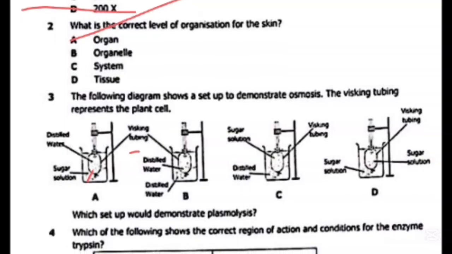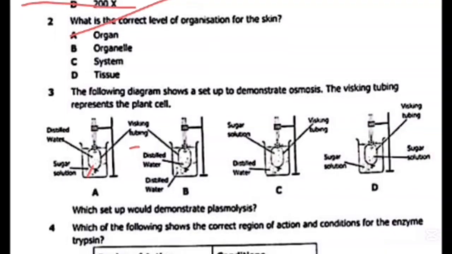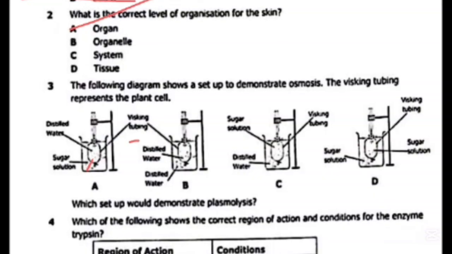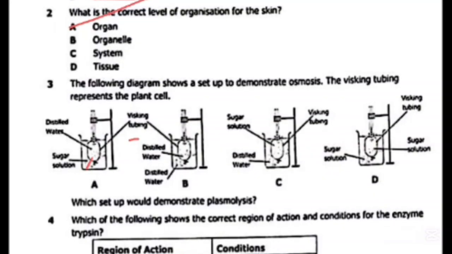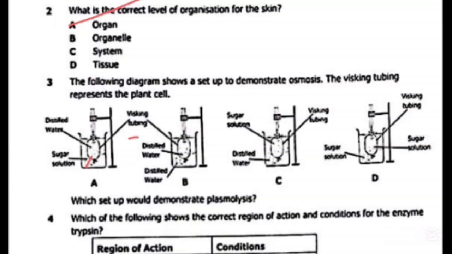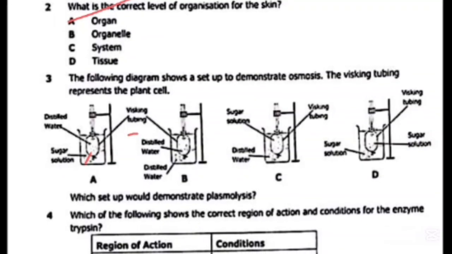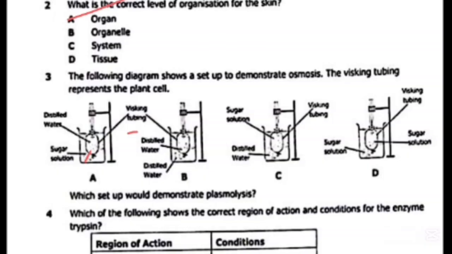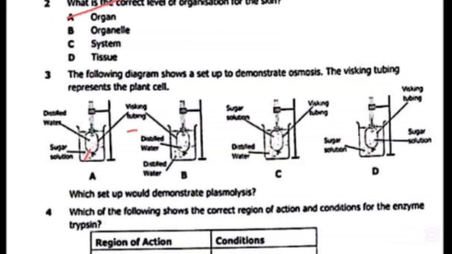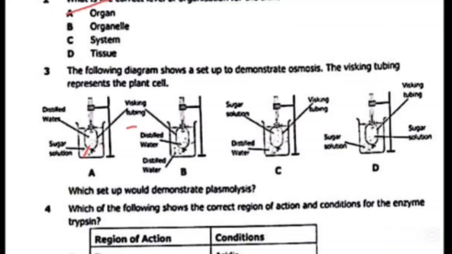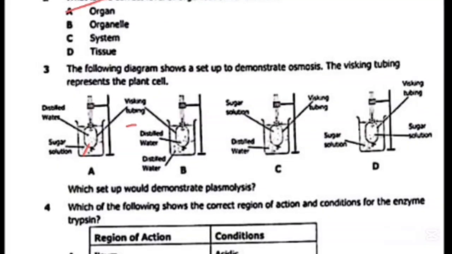We have A. In A, inside the Visking tube, we have water. Then outside we have sugar solution. Whenever we know that sugar is both inside and outside the cell, that is what we say.